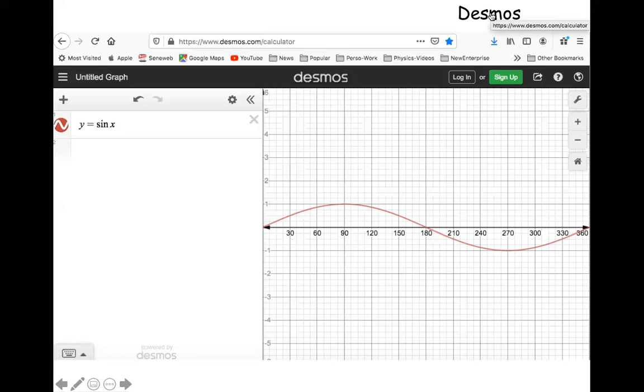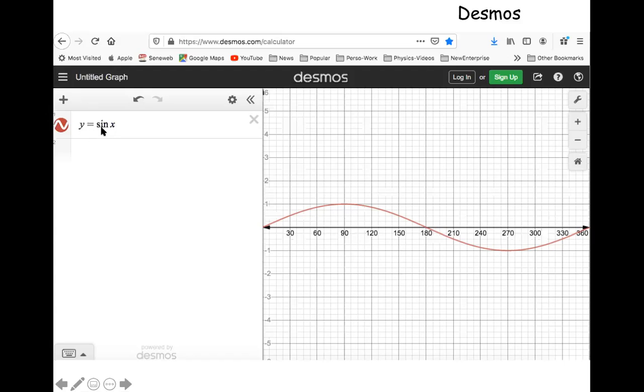If you were asked, for example, during your homework, to draw 3 cos x, you can try and draw it, but I'm going to give you this important free website as well. If you type www.desmos.com/calculator, it gives you a graph that you just need to type on the left-hand side.